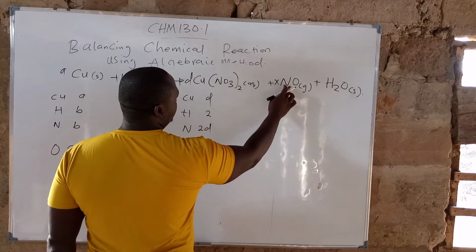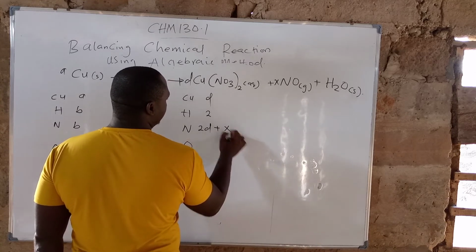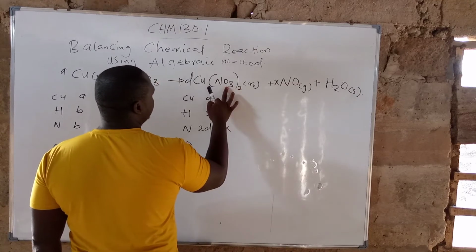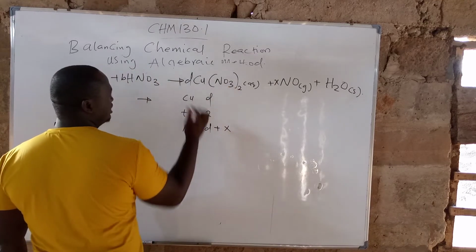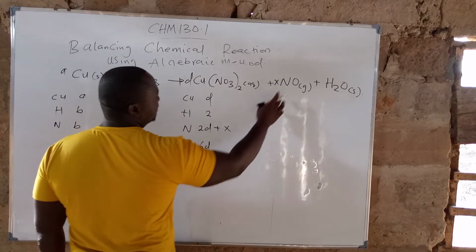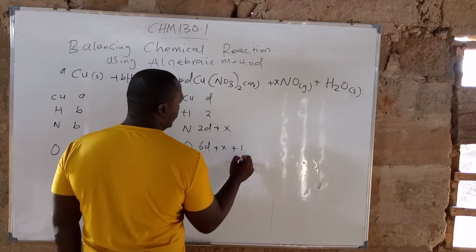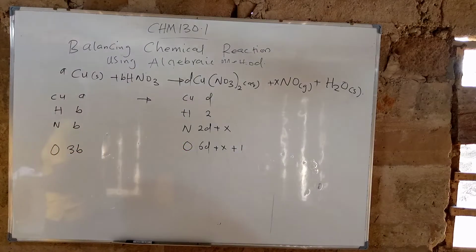We have 1 nitrogen here times this, 2D plus X. We don't have any nitrogen again. The next thing is oxygen. This times this is 6, 6 times D should give you 6D. We have 1 oxygen here, so plus X plus 1. So we have 6D plus X plus 1.